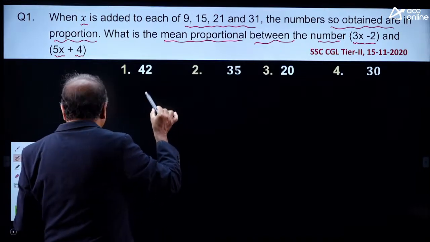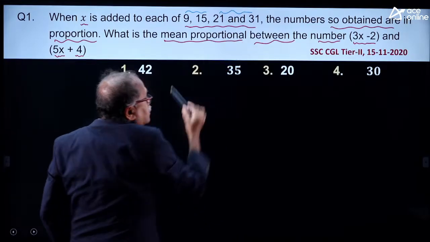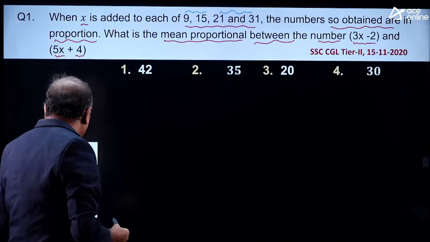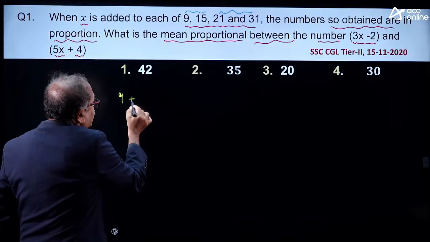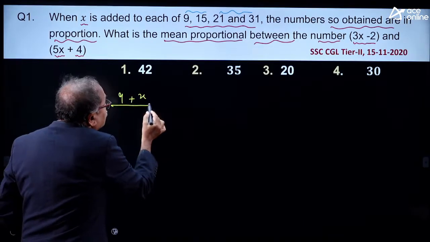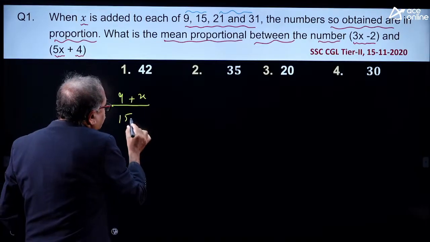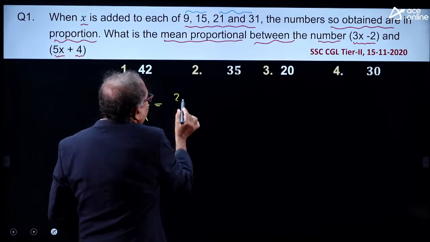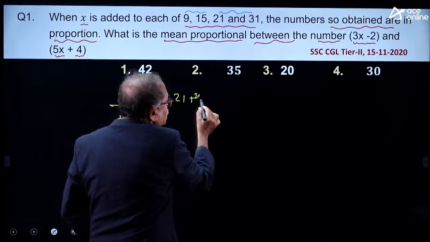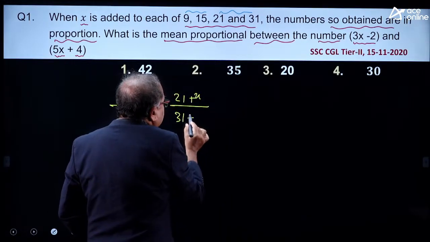There is one easy way: when we add x to these numbers, we get 9 plus x by 15 plus x, which is equal to 21 plus x by 31 plus x.